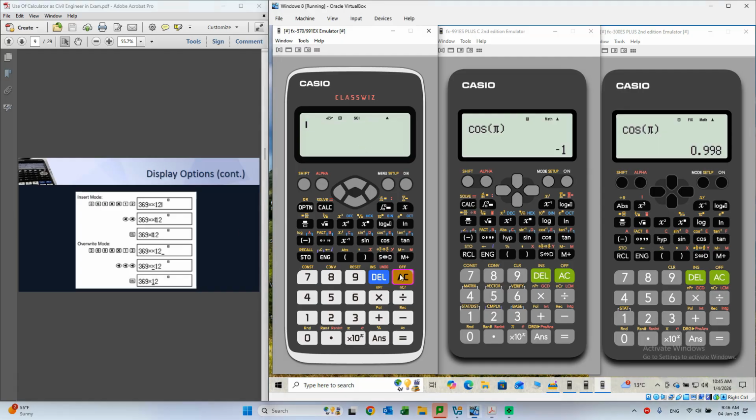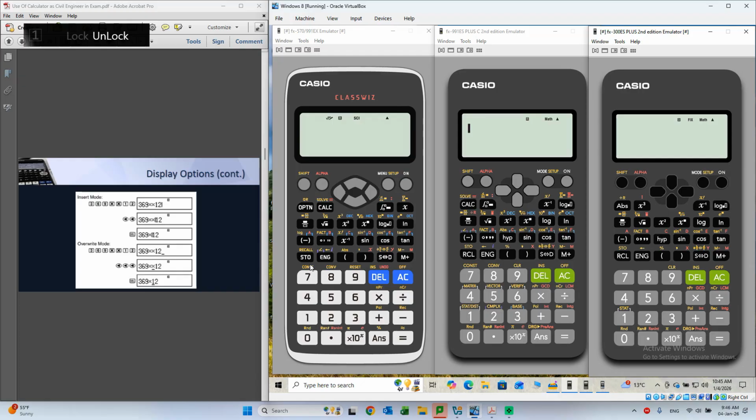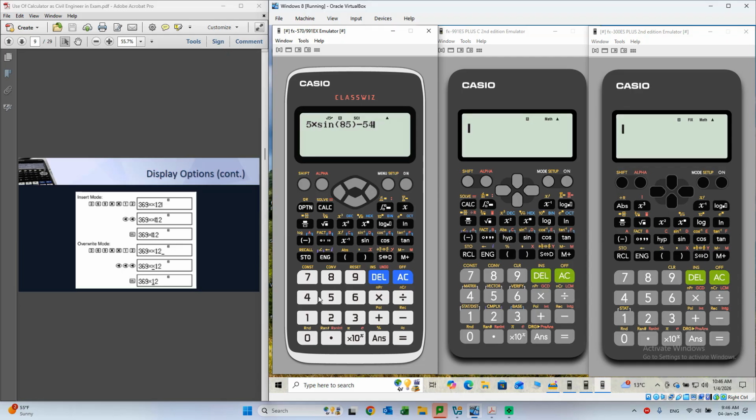Now there is another thing before going further: the insert mode and overwrite mode. What does that mean? Over the delete button, you have DEL, and you see INS, which is called insert. Now if I'm typing a function, let's say I'll just type something, there are two ways I can change it. You see this flashing vertical icon, so I can change this into insert mode.